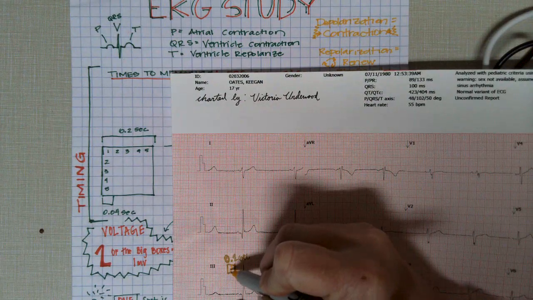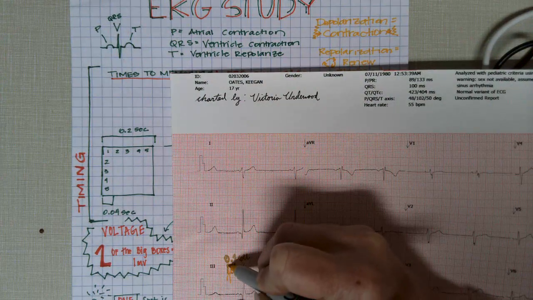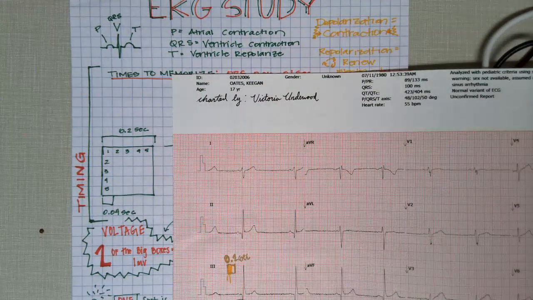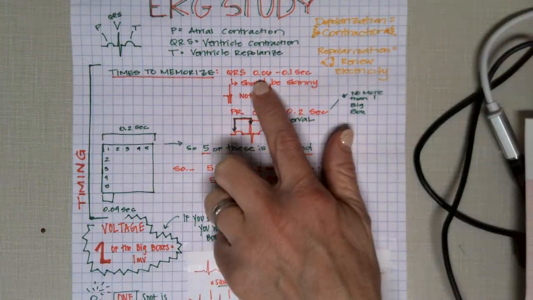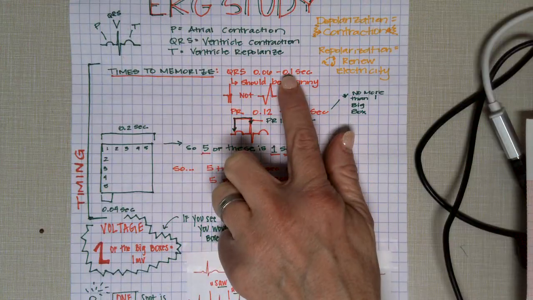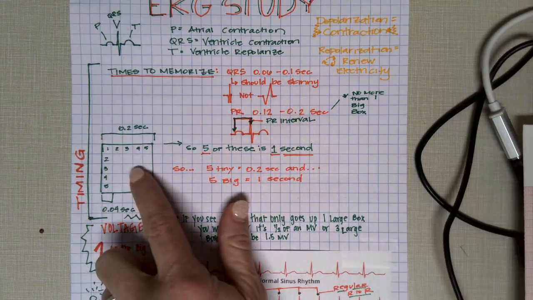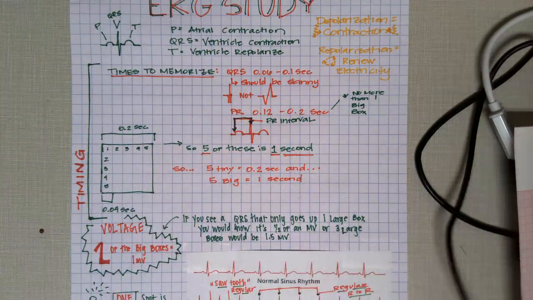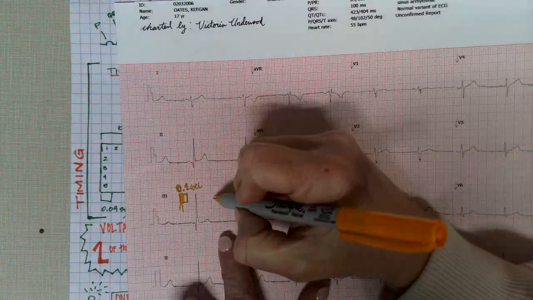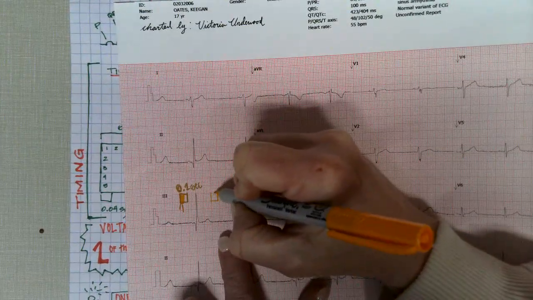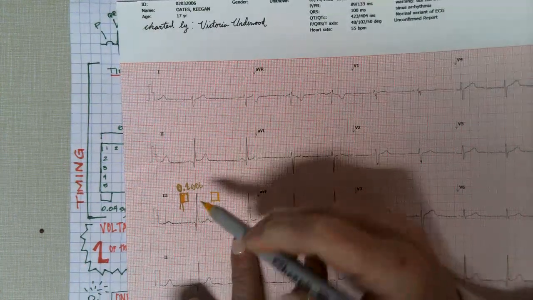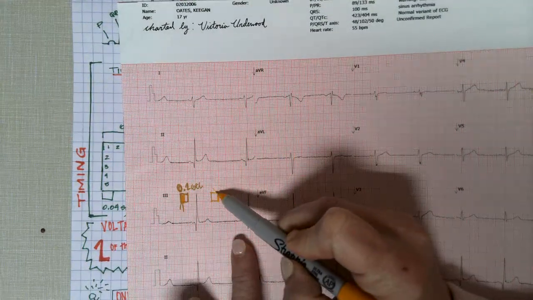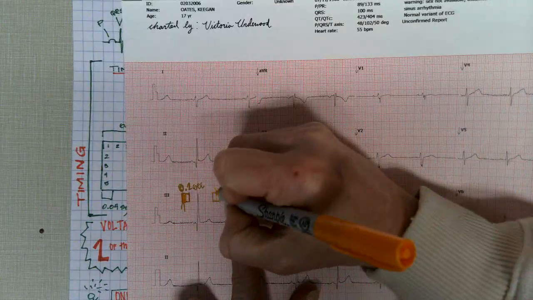So your QRS should never be more than this side of that. Does that make sense? The whole big box, aka this little guy right here, is 0.02.